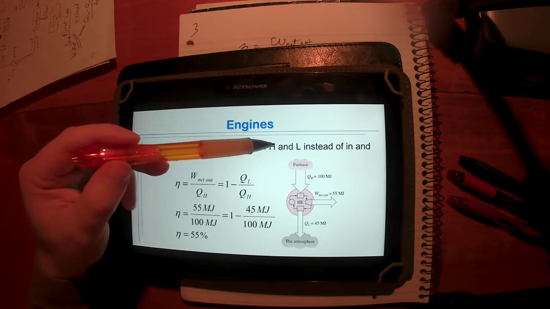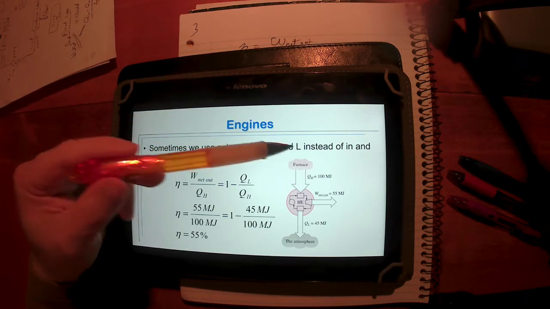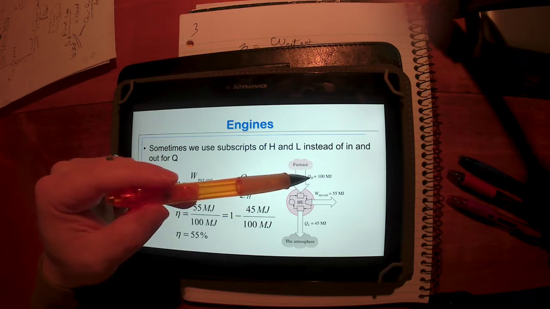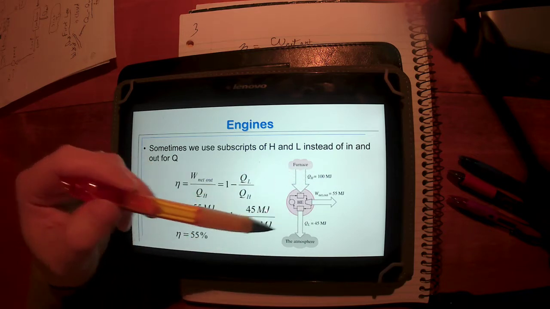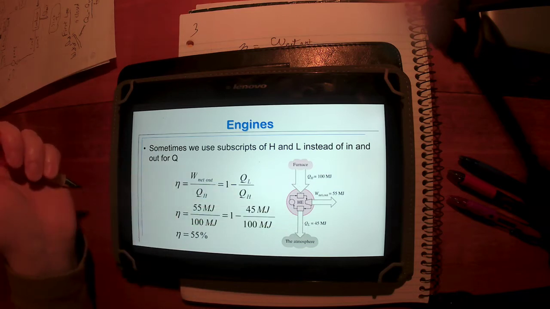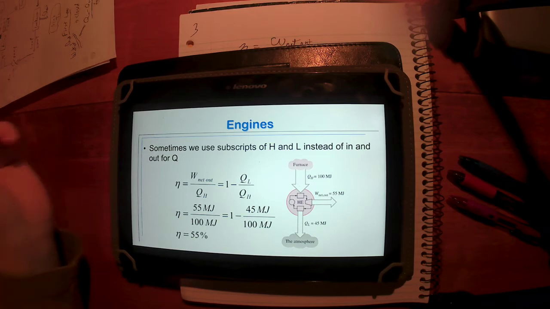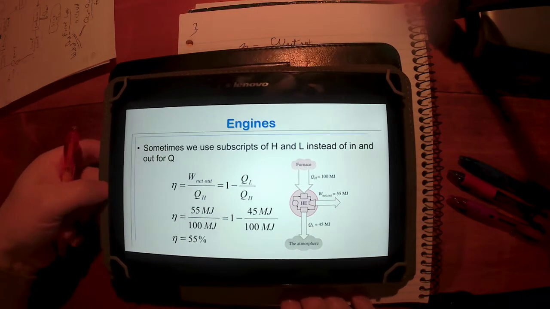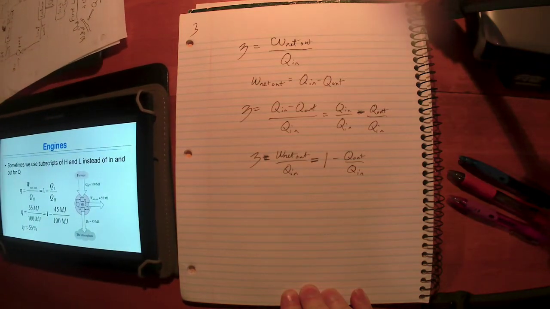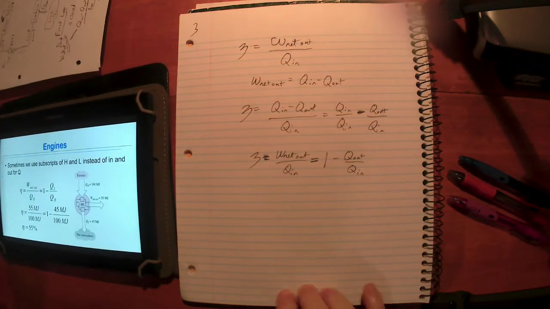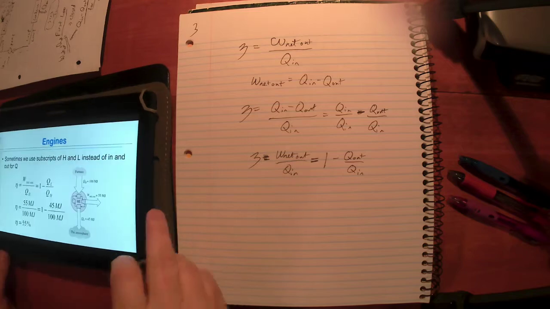But the big thing here is the subscripts of H and L. Notice they've applied those. They're not saying heat in and heat out. They're saying this is the heat from the high temperature source and the heat to the low temperature source. And that's something we will do throughout this chapter, using those subscripts: H to represent the high temperature side, L to represent the low temperature side.